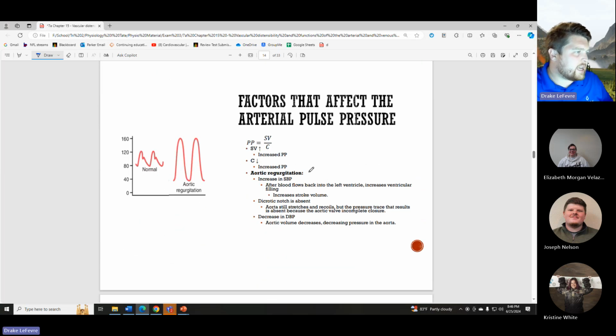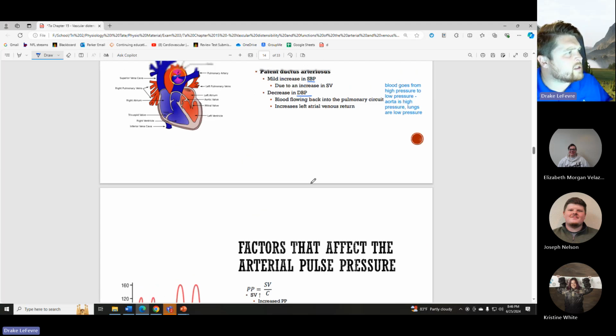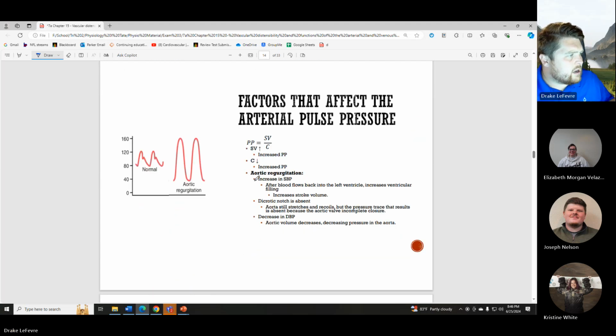Aortic regurgitation. When we have aortic regurgitation, we can also start to throw in some extra stuff. So let's talk about what aortic regurgitation is. It's when the blood flow going through the aortic semilunar valve gets kicked back into the left ventricle. Exactly.